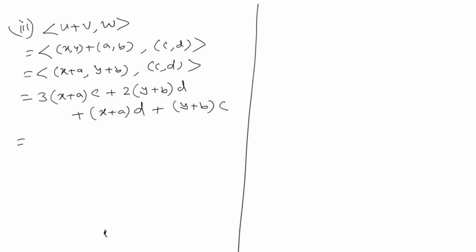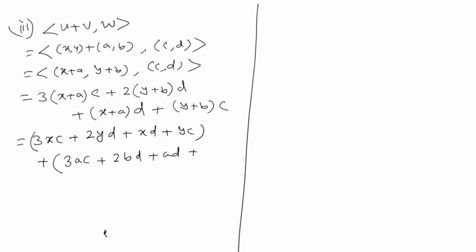So now we'll separate them into the xy terms and the remaining terms. So first we take 3xc plus 2yd plus xd plus yc, and then the remaining terms are 3ac plus 2bd plus ad plus bc.